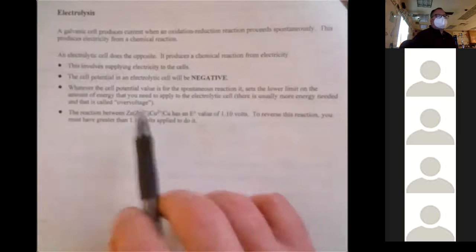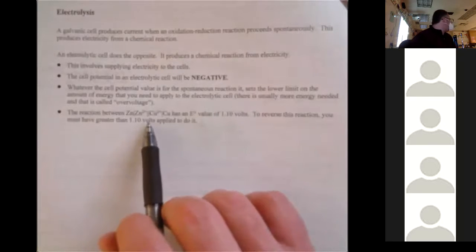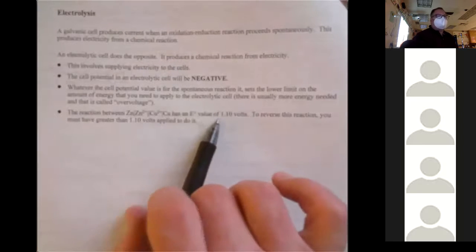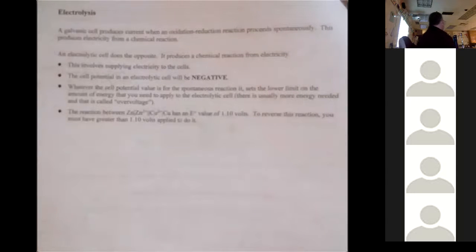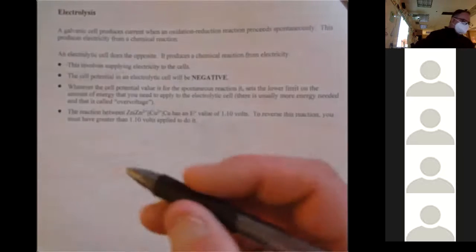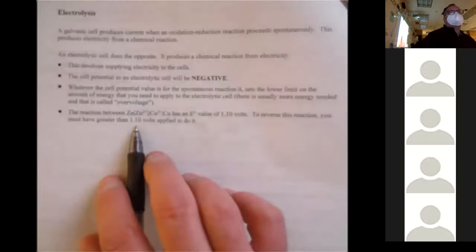So if you have a reaction like our zinc copper battery that produces 1.10 volts, and we wanted the reverse of that to happen, we did this with Olivia's quarter, right? We had the reverse of this happen. We deposited copper onto that quarter. If you wanted that to happen, you would have to get the reverse reaction to occur.